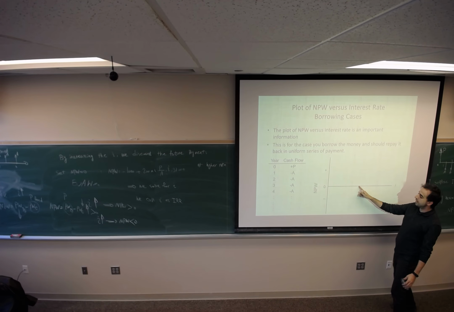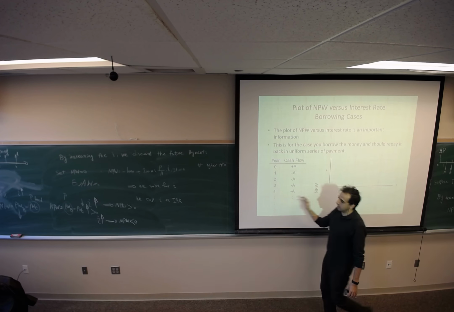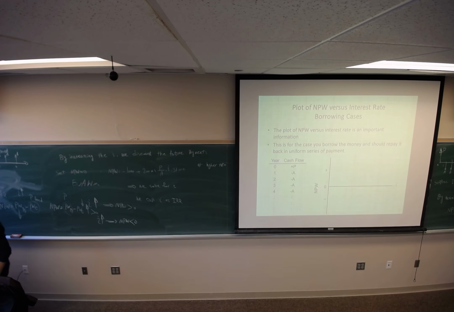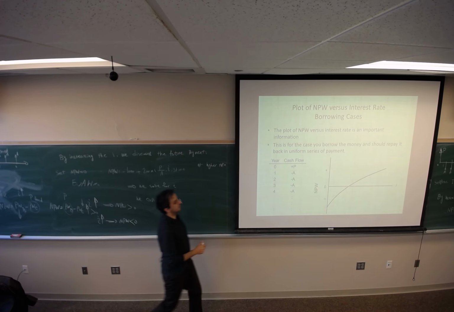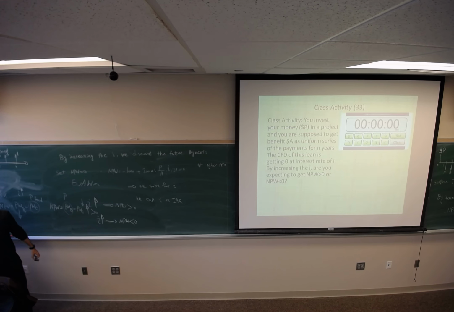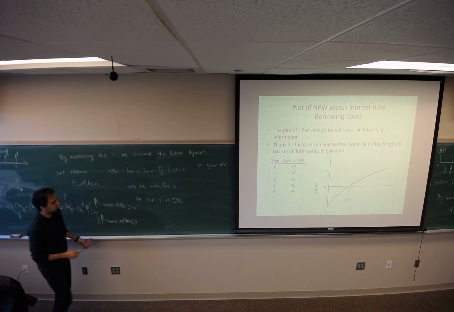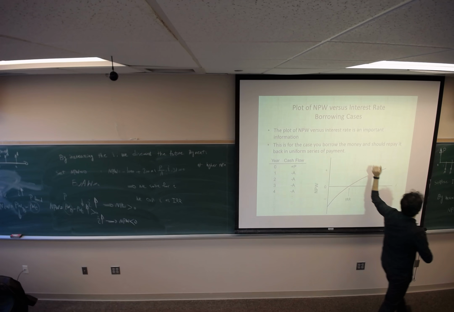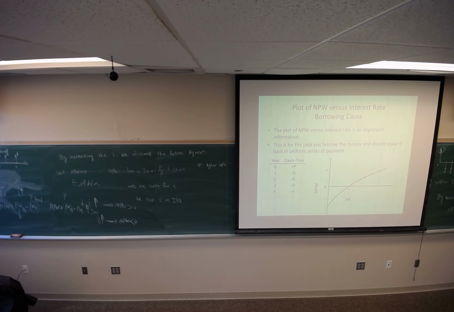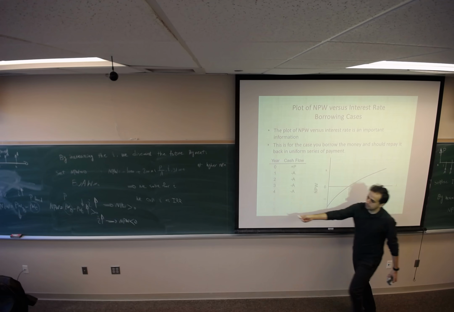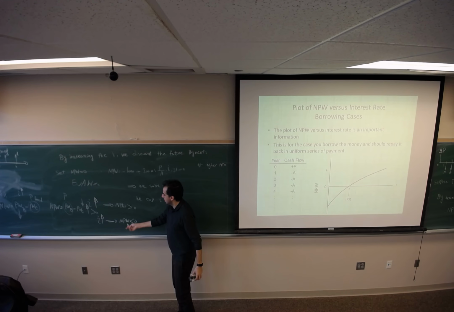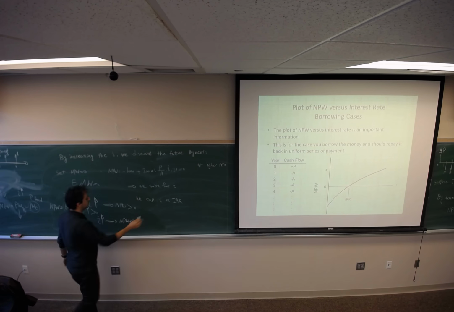At any I greater than IRR, net present worth is going to be positive, and at any I less than this, the net present worth would be negative. So this is the borrowing plot of net present worth versus interest rate. As we explained, by increasing the I, it's going to the positive side. By decreasing that, it's going to the negative side.